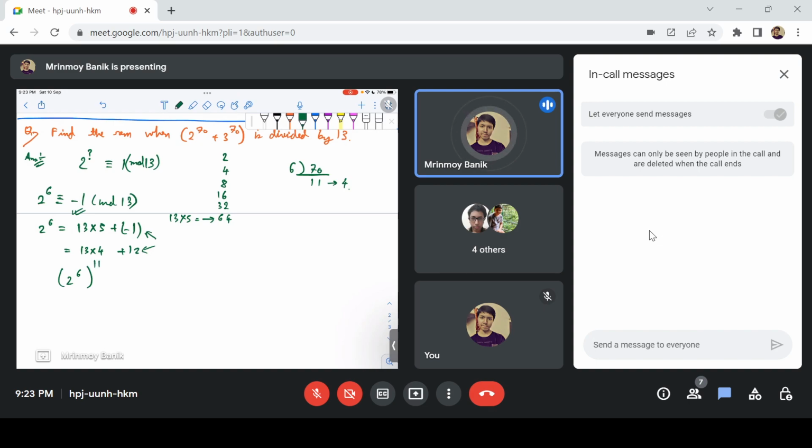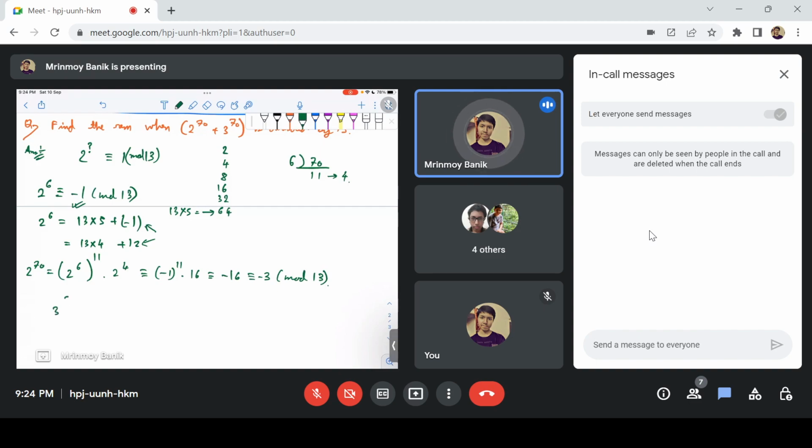So it's 2 power 6 whole power 11 times 2 power 4. 2 power 70 can be presented as minus 1 power 11 times 2 power 4, which is 16. So it's minus 16, which is in turn congruent to minus 3 mod 13.